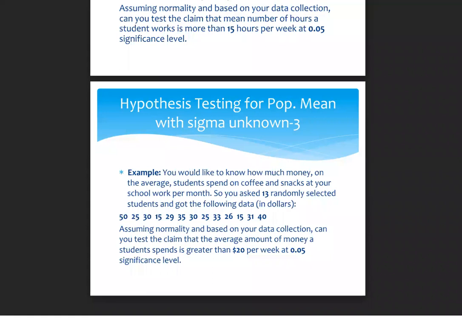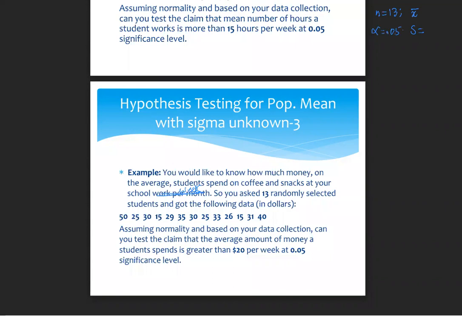So you'd like to know how much money on average students spend on coffee and snacks at your school per week. There are two typos here; it should be per week. You asked 13 randomly selected students, so n is equal to 13, and you found these numbers. It's going to give you an X bar, and a sample standard deviation S. Alpha is equal to 0.05.